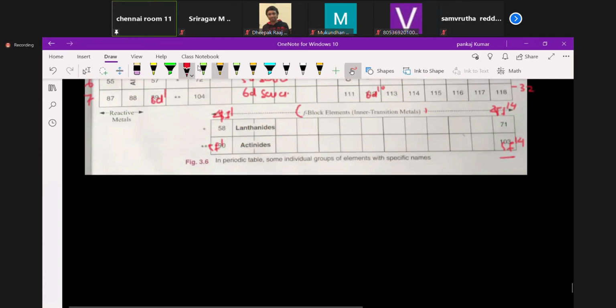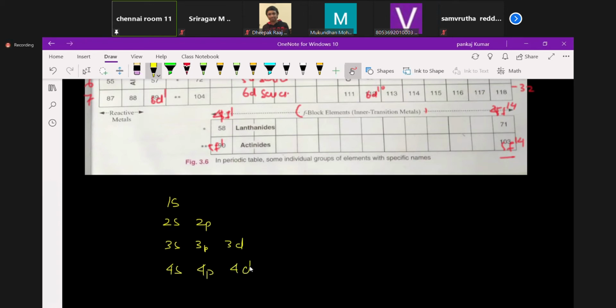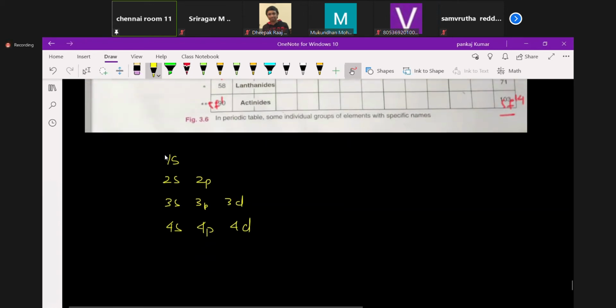If you remember, that's why I told you that you should know atomic structure before the periodic table. The Aufbau rule says 1s, then 2s, 2p, then 3s, 3p, then 3d. After that, 4s, 4p, 4d. Sir, it should be 4s and then only 3d, no, sir?